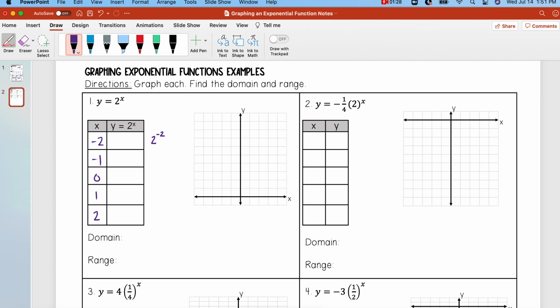There are a couple of ways you can do it. You can use the exponent rules that we learned earlier and know that that's really 1/2 squared, to get 1/4. But if you don't want to use fractions, you can also put this into your calculator and get it in decimal format.